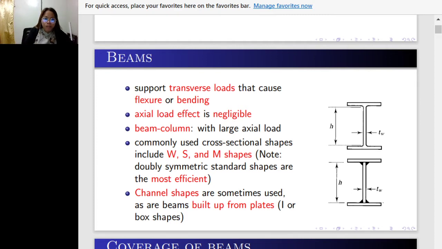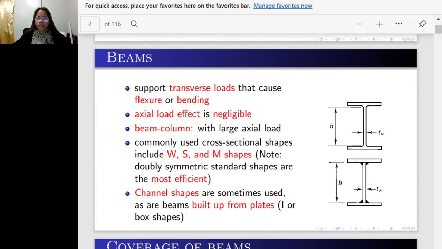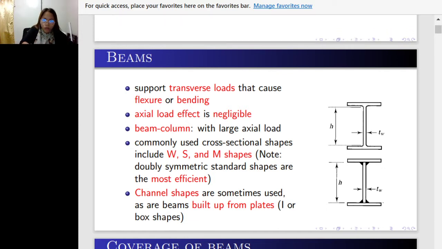As part of the final third topic, we will discuss this chapter now about beams. I believe you already learned about beams in your previous subjects, like strength of materials, statics of rigid bodies, and your reinforced concrete subject.